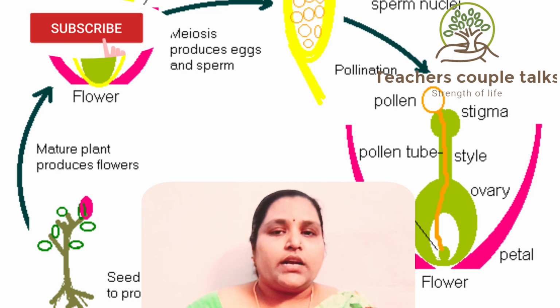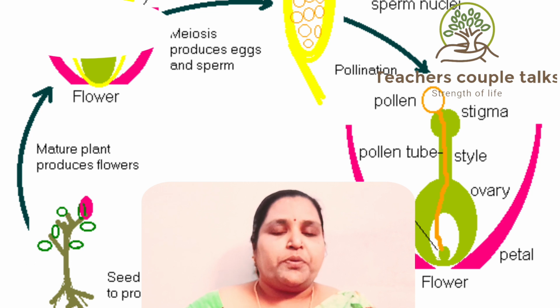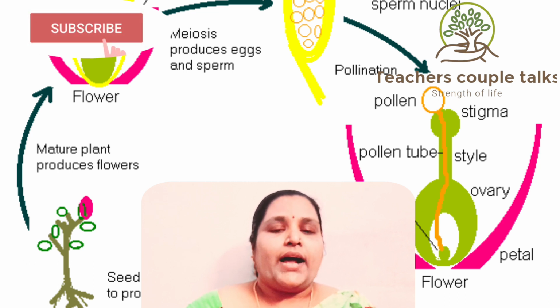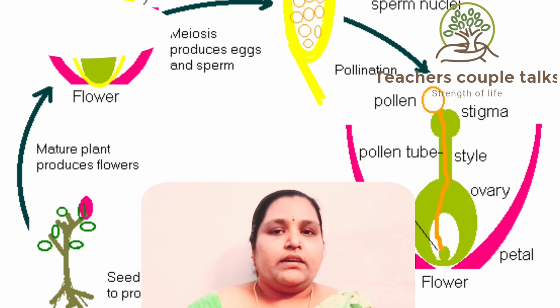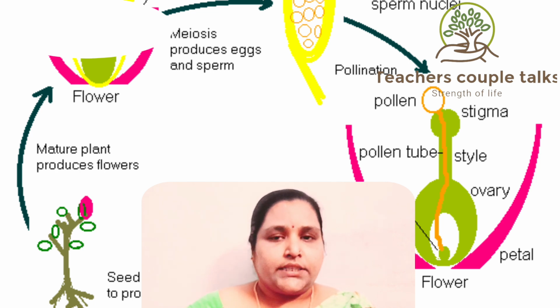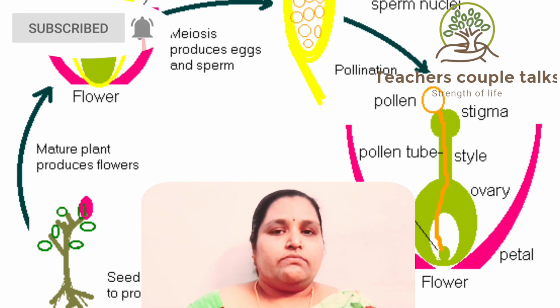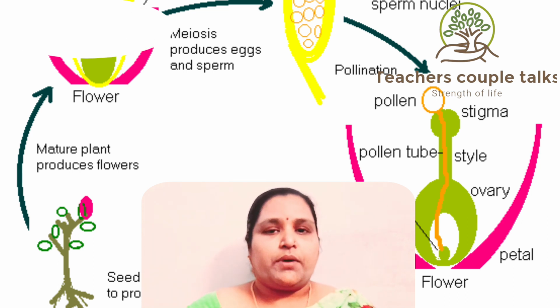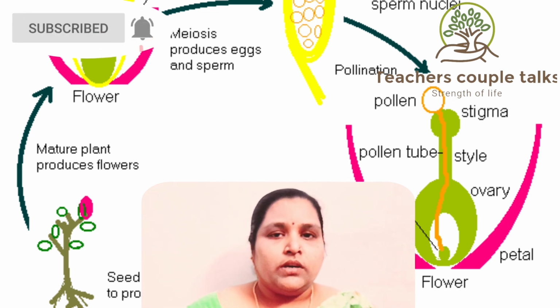So in order to maintain the species in nature, plants undergo reproduction, which is sexual, vegetative, or asexual. Next, what is asexual reproduction and vegetative reproduction you have already known, but what is sexual reproduction?